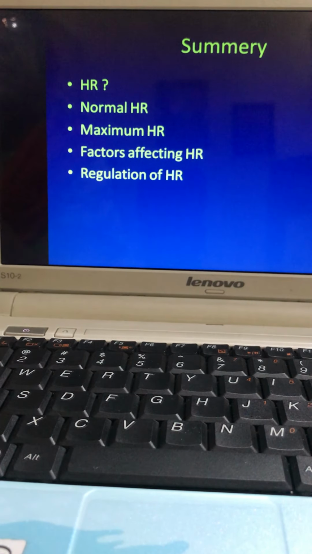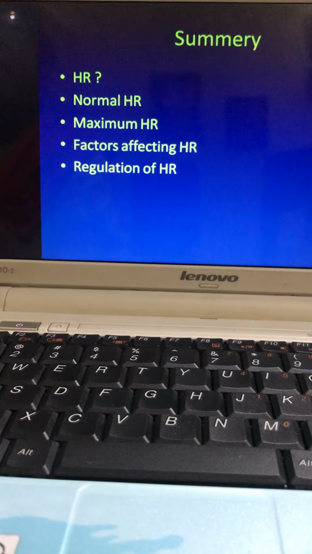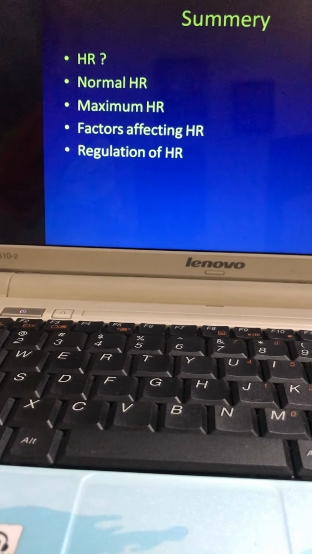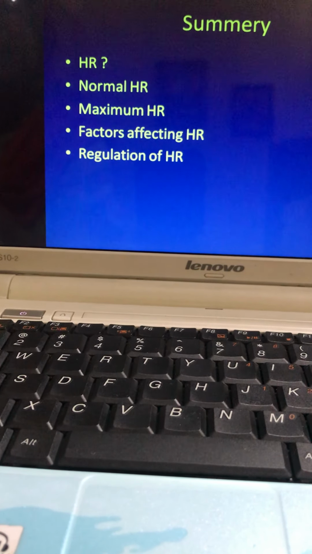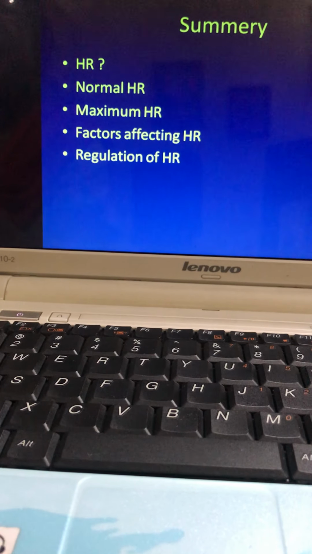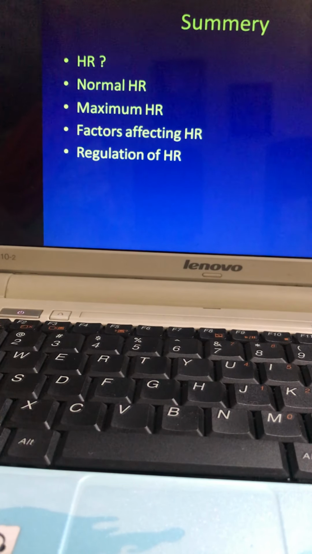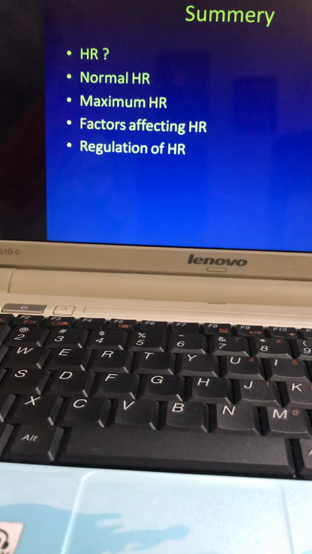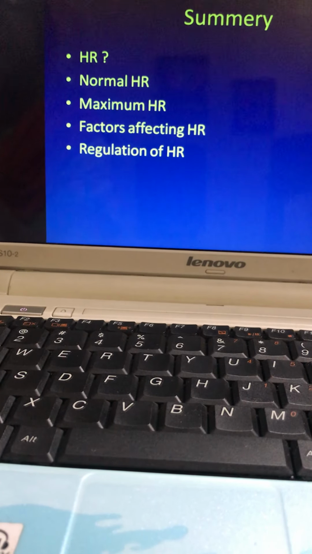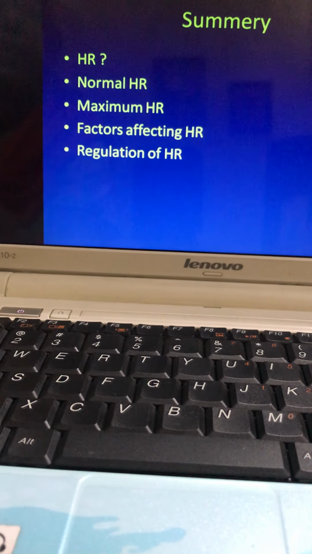Now, summary. What we discussed in our lecture: what is heart rate? It is the number of rhythms or cardiac cycles in 1 minute. Normal heart rate is 60 to 90 beats per minute.